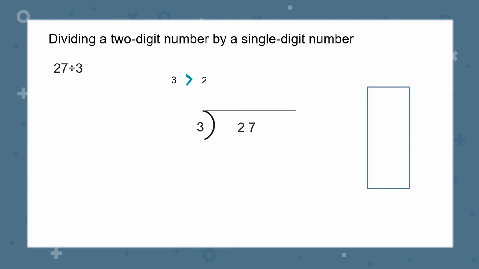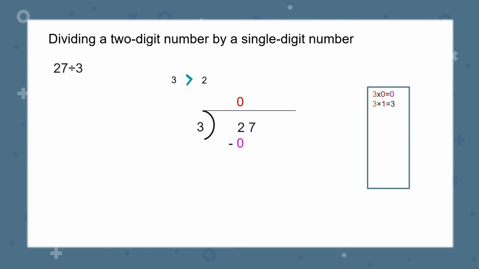So we will say the 3 times table. 3 zeros are 0, 3 ones are 3, but we cannot subtract 3 from 2. So we will take 3 zeros are 0. So above 2 we will write 0 and below 2 also we will write 0 at tens place.